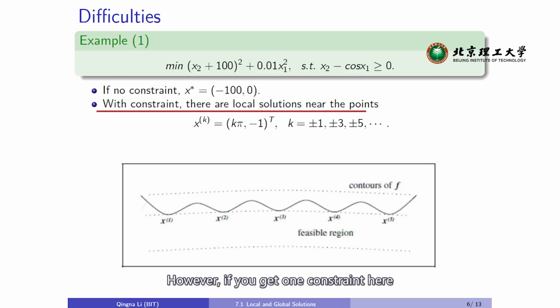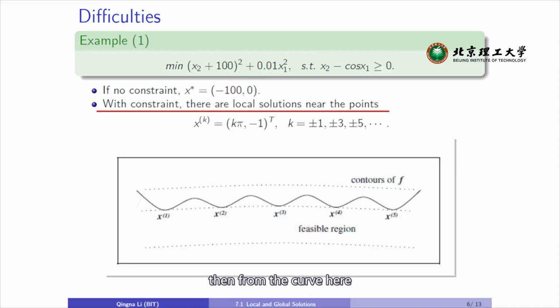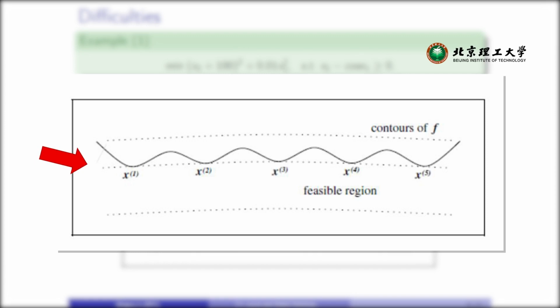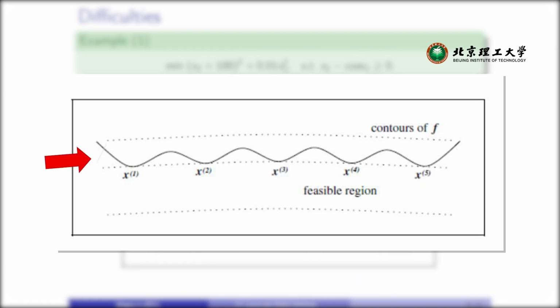However, if we add one constraint here, then from the curve, we can see that this dotted line is the contours of function f, and this is the constraint curve.